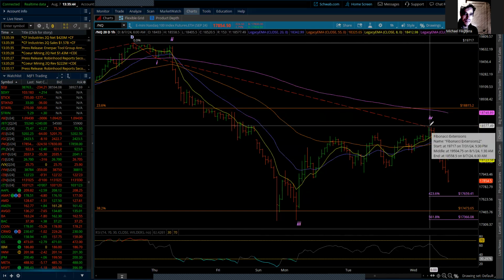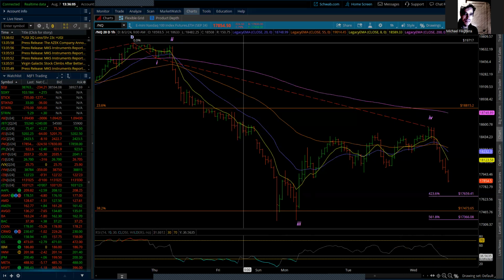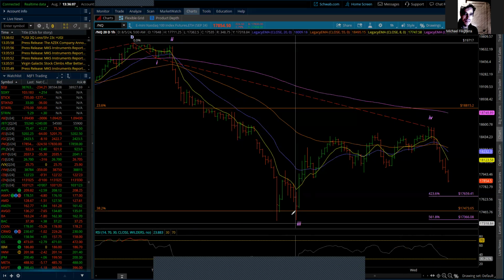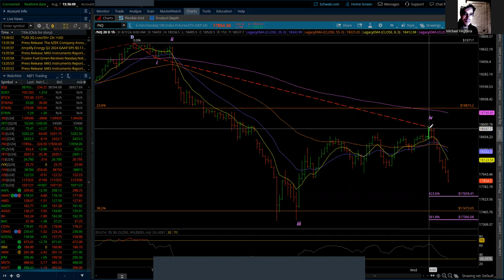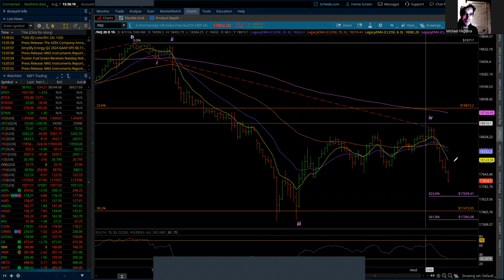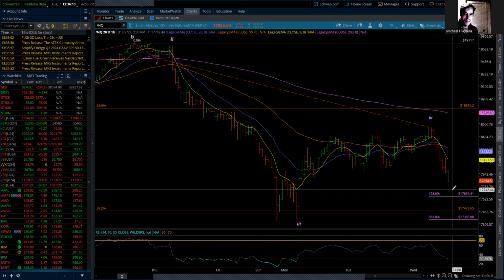So it could be a 3. And even when you're learning Elliott, I want to tell you, you learn that things are interchangeable. I can count it as a triple ABC, not as common as a double, or I can count it as a double. So either way, to me, I'm going to leave my 3 there. I'm going to count this as a double. And so that puts us into that 5th wave.